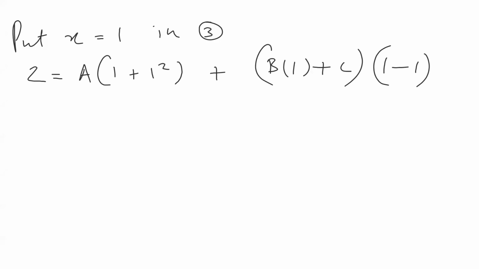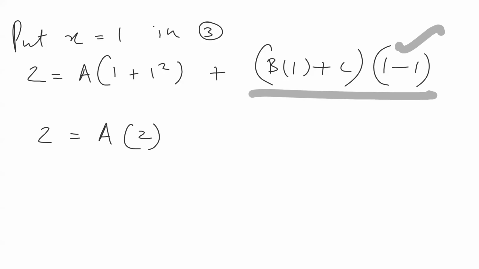Now the second entire term will be 0 because 1 minus 1 is 0. Right? So 2 is equal to a into 2. So a will be 1.